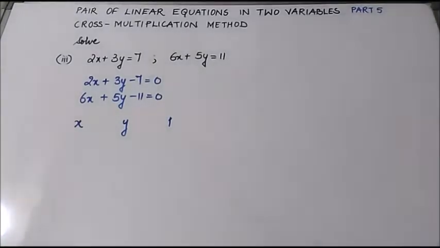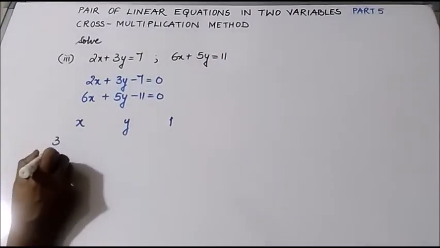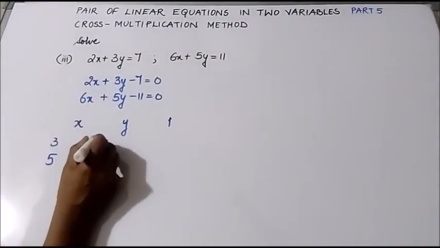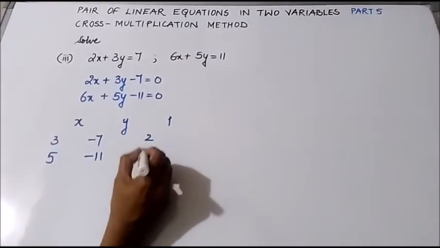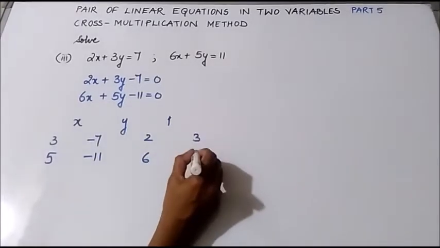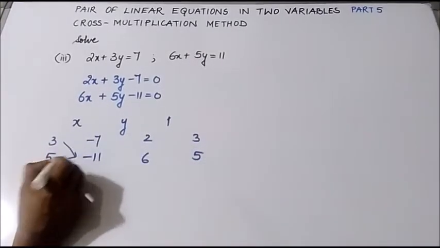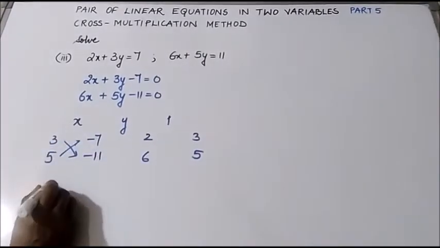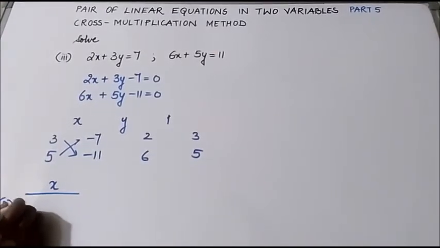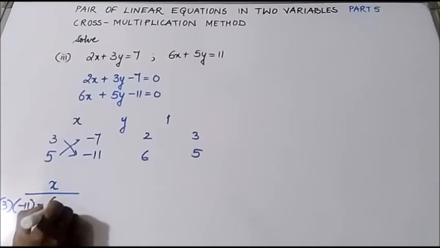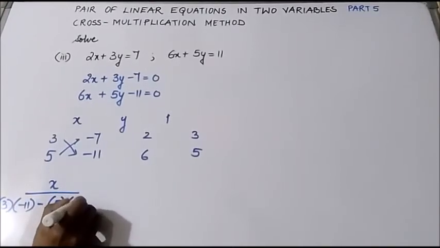We start with the coefficient of y, that is 3 and 5. Then the constant minus 7 minus 11. Coefficient of x, that is 2 and 6, and 3 and 5. Cross multiply. Give us x upon 3 into minus 11 minus 5 into minus 7.